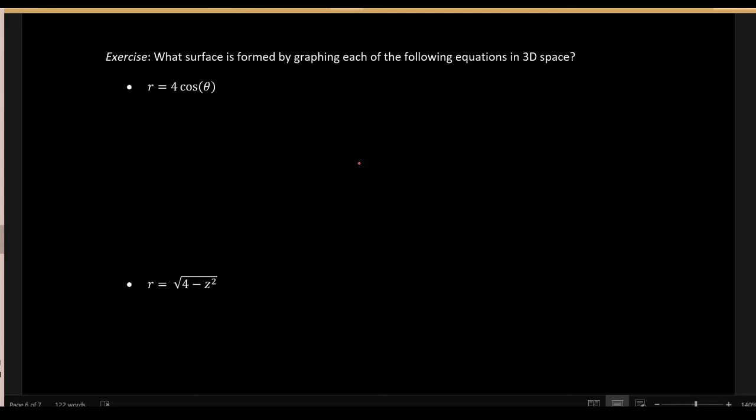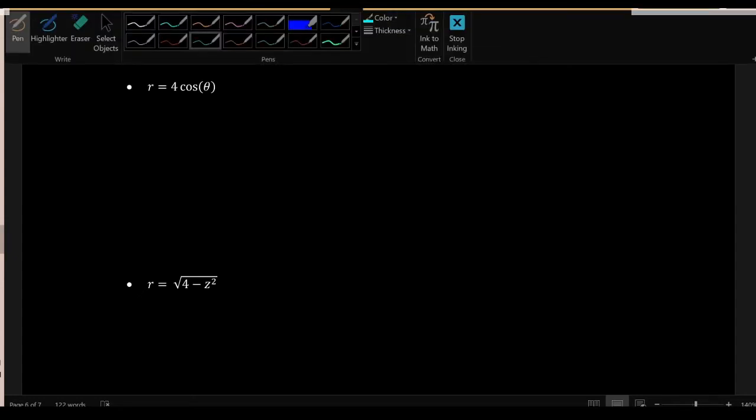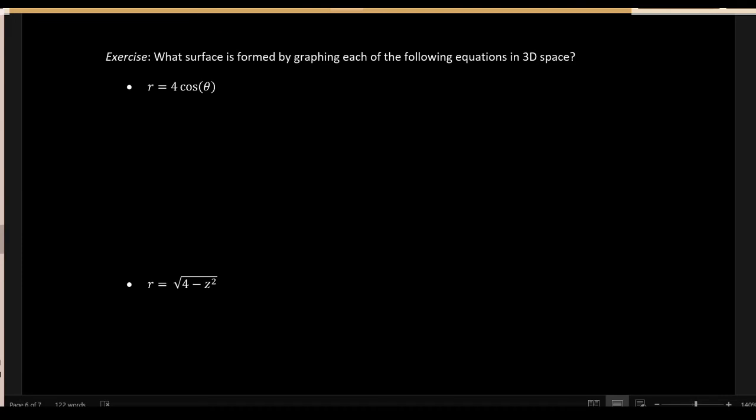For example, here we have r equals 4 cosine theta. Now I have an r, but if I try to convert that r back into rectangular coordinates, I'm going to get a huge mess with the square root of x squared plus y squared. Likewise, cosine theta all by itself could not be easily converted into something containing an x and a y.